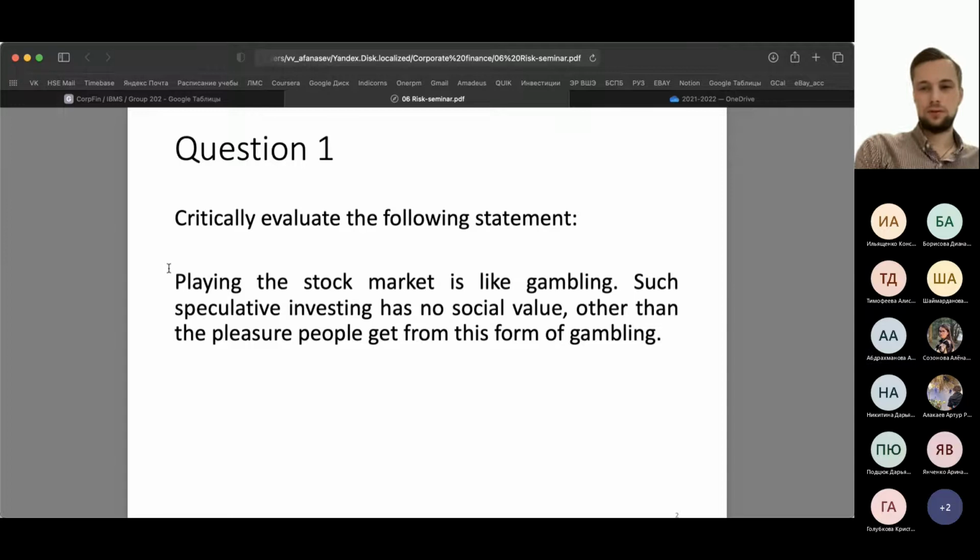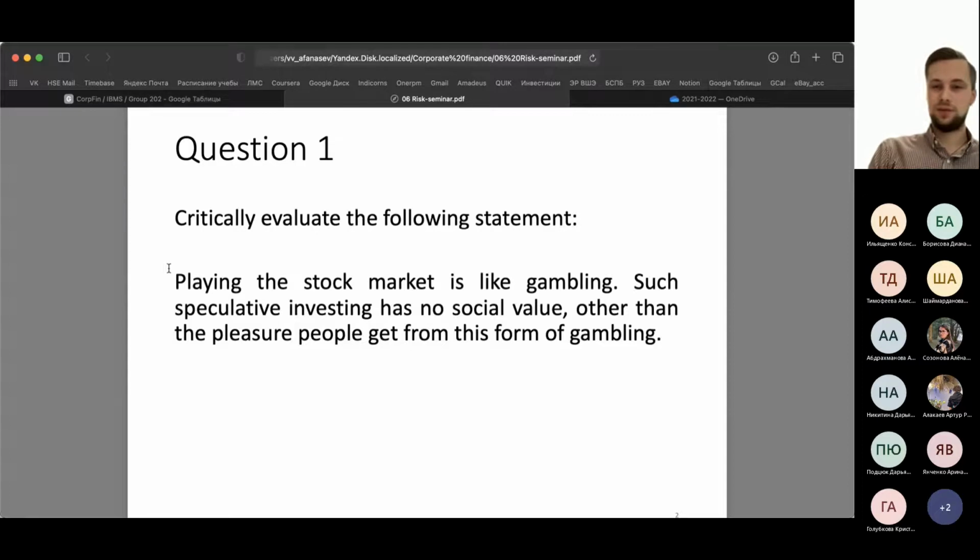Options, yeah. Or futures, when you bet on whether the stock will rise or not. I guess this is some sort of gambling because you are becoming addicted to that sort of earning money.